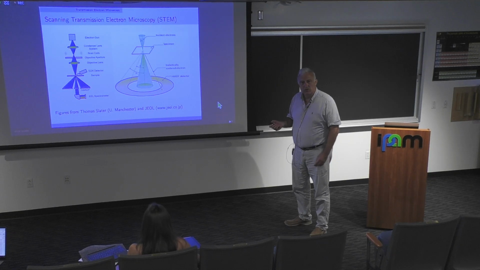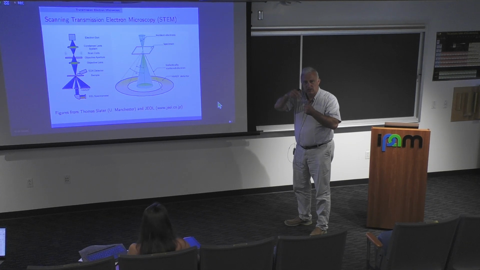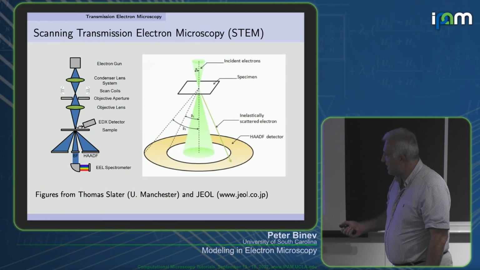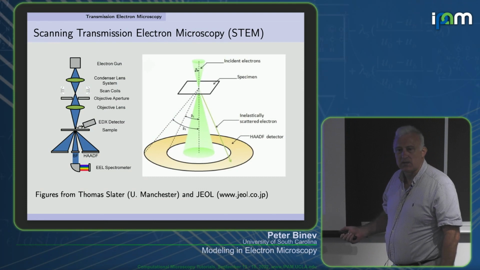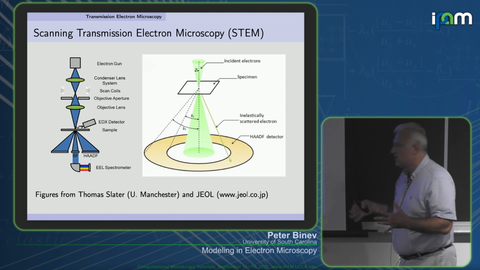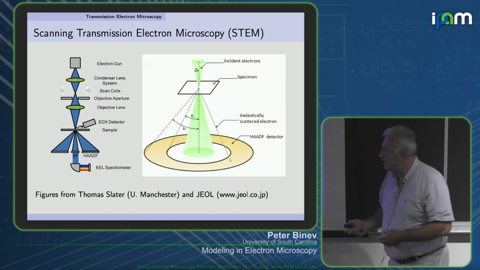Because the nuclei are charged positively and we have negatively charged particles, they are eventually diverted on their way down. When this happens, depending on the angle, we have different detectors. One is the bright field detector, and the other is the dark field detector. That is the basic operation.